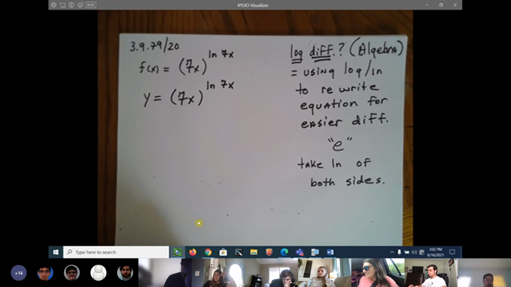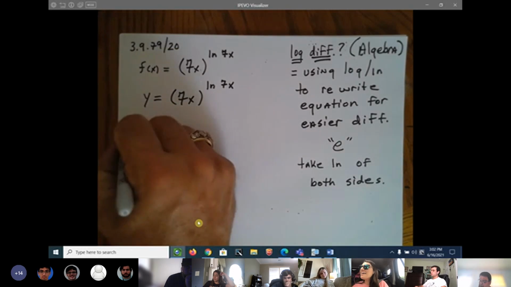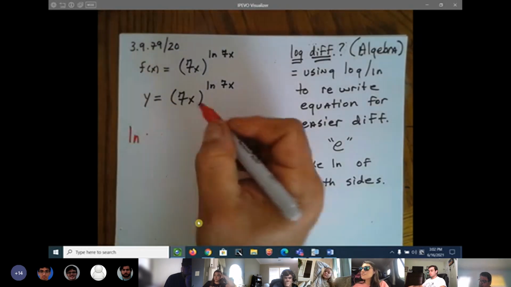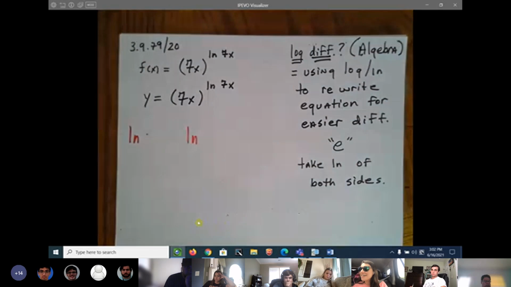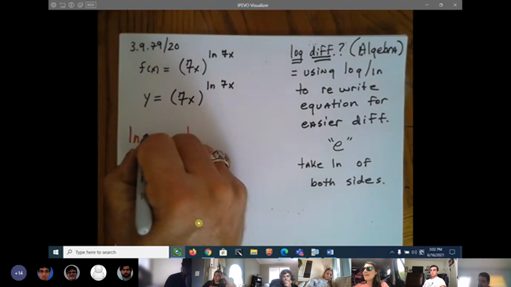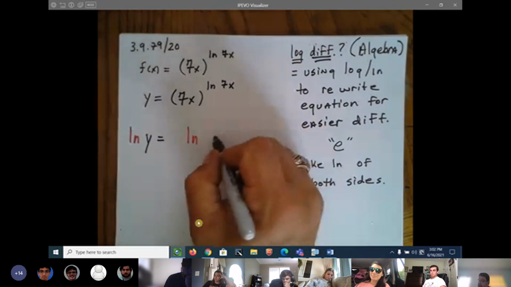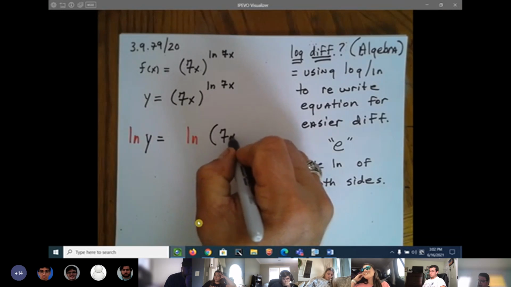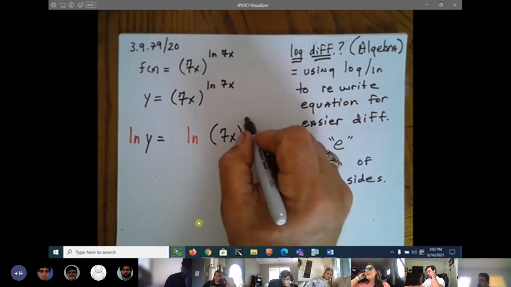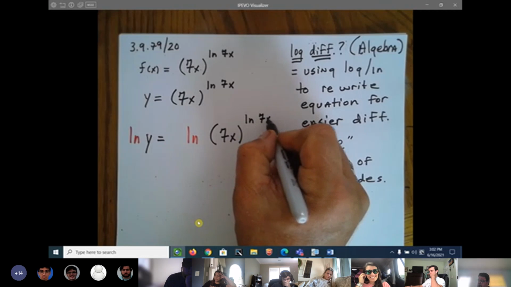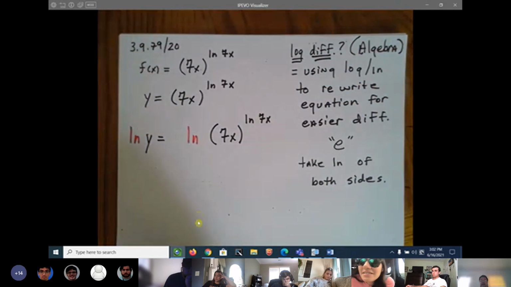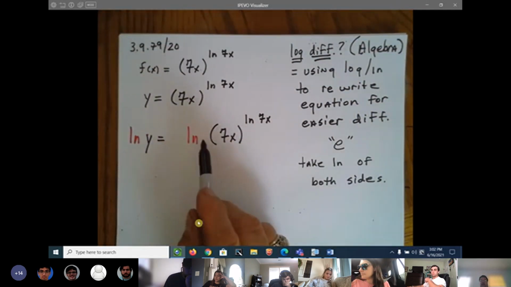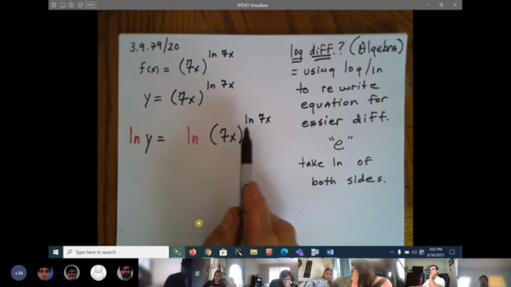All right, so I'm going to take the log of both sides and I'm just going to use my red pen. And you know I don't use my red pen unless it's important. So I'm going to take natural log of y, and that's going to equal the natural log of 7x to the natural log of 7x. Now over here you've got the natural log of a cluster, so you're going to have to break this up.